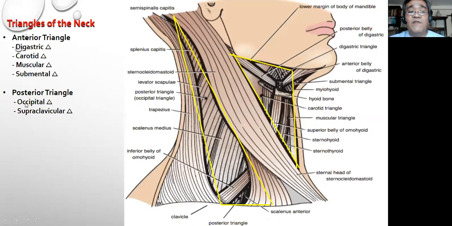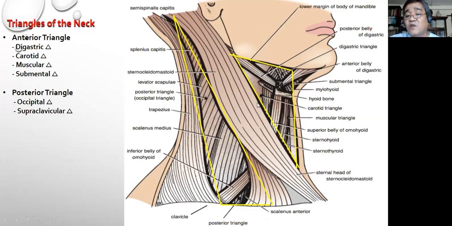Okay, now going over to the neck. The neck is a region of the body in between the head and the trunk. What is unique about the neck is that it contains a lot of structures that traverse from the chest to the neck and from the neck back to the chest.